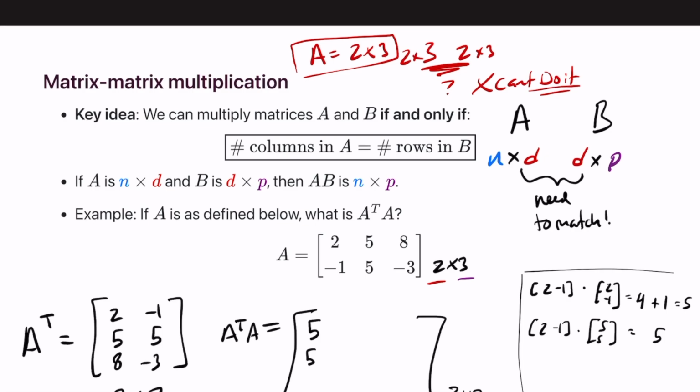And then we'll do the last one. We've already done this one, then we did this one, and now we'll do 8 and -3 multiplied by this.